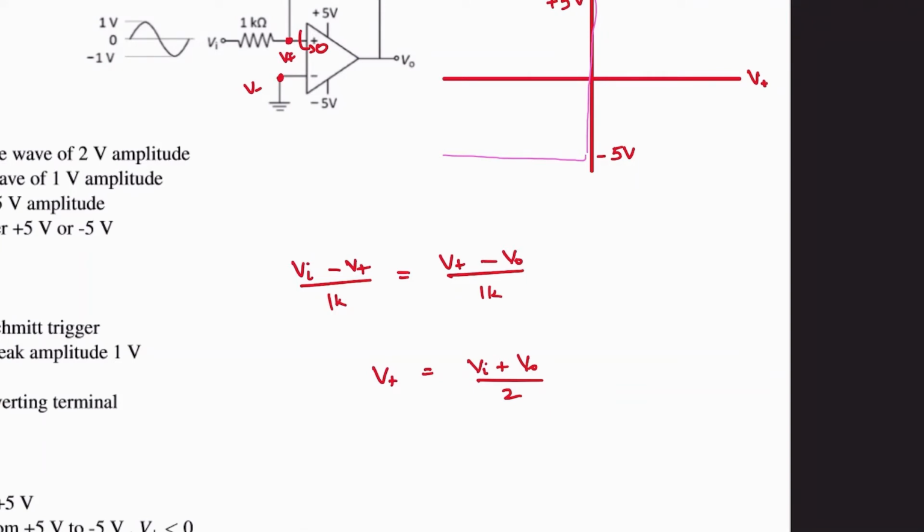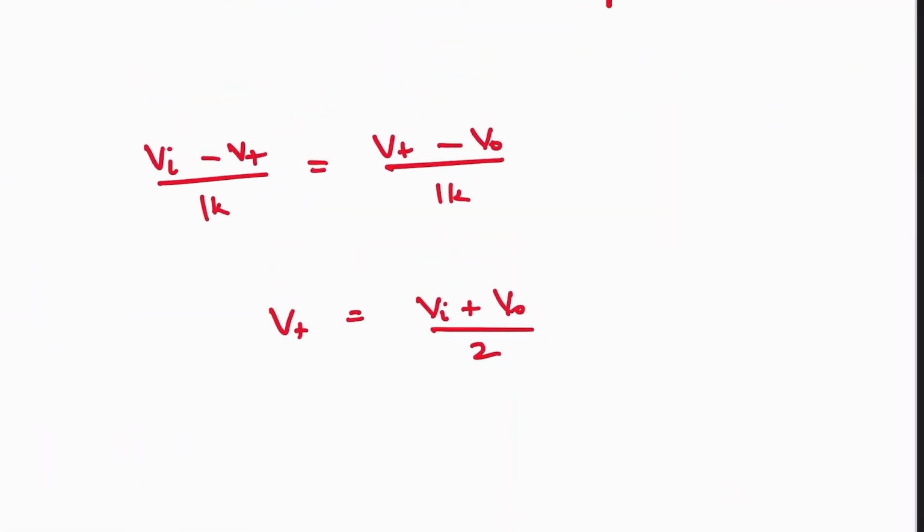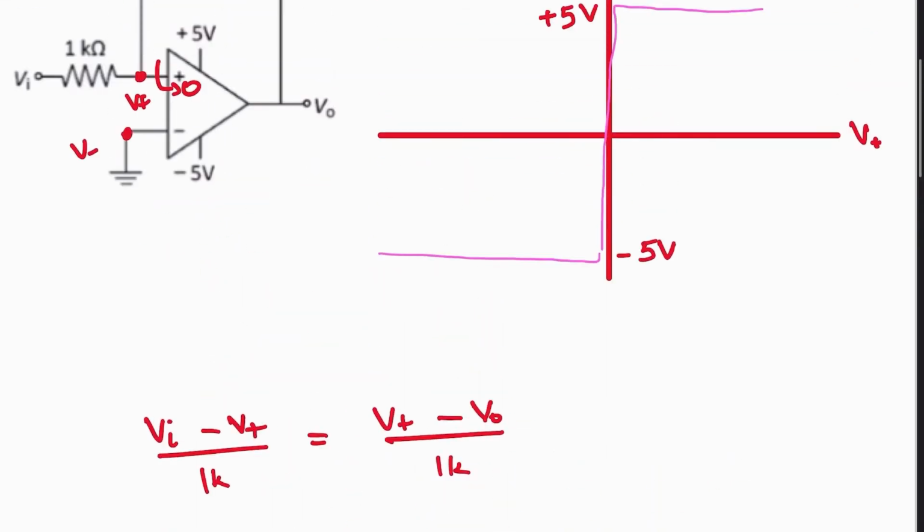Now, given this, let us assume that the output voltage V0 is equal to plus 5 volt, which is to say that the assumption is that V plus is greater than 0, because you can see that only for this region is V0 going to plus 5 volt.